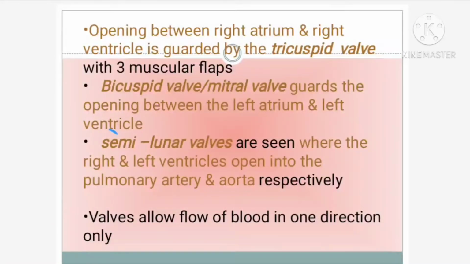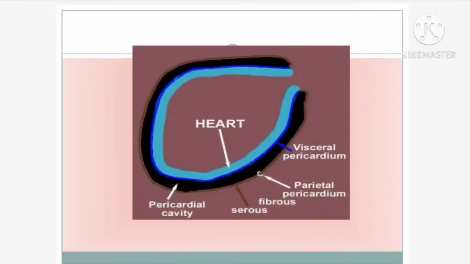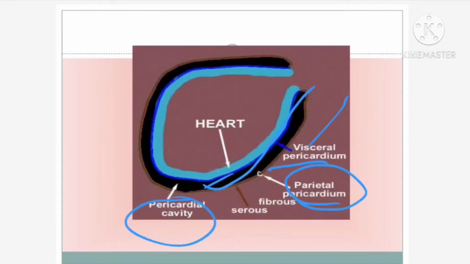Okay. Fine. Now these are the coverings which have been given. So I told you pericardial membranes are present. The inner pericardial membrane we call the visceral pericardium. The outer pericardial membrane we call the parietal pericardium. In between you can find a cavity present, the black one, which is called what?